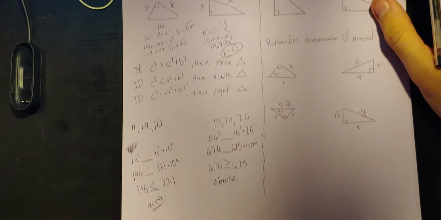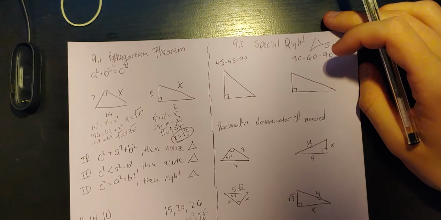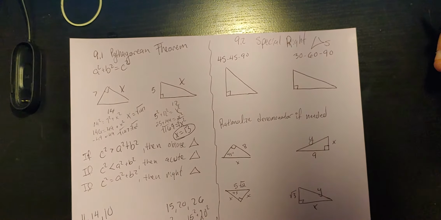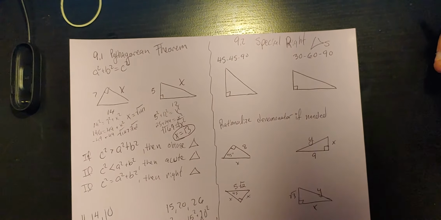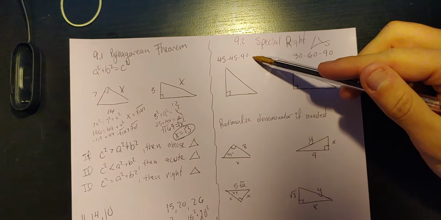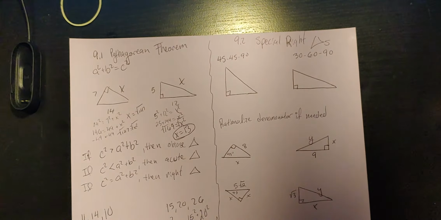Now, if we move on to 9.2, we learned about special types of right triangles. These are two special right triangles, which you will need to know for trig later on: 45, 45, 90, and then 30, 60, 90.